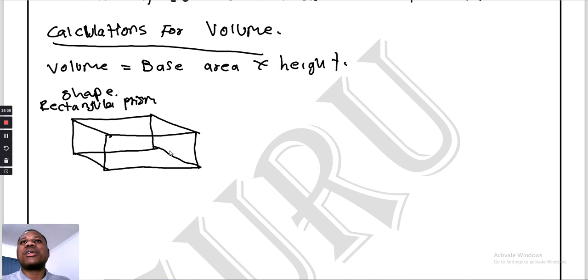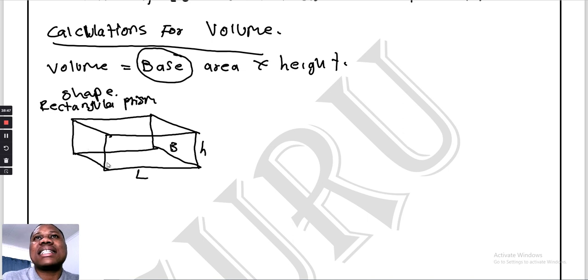Right, we are going to talk about our rectangular prism, which has the length, the height, and the breadth. Okay, so what are we going to check? We are going to check the base. So when we observe our base here, the shape on our base is a rectangle. Now, the question comes, how do you calculate the area of your base?